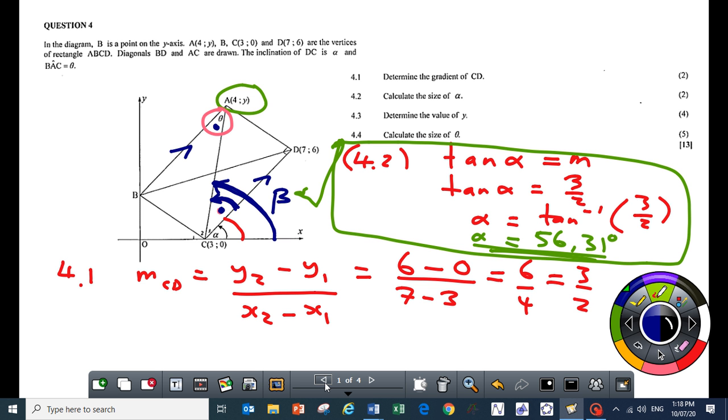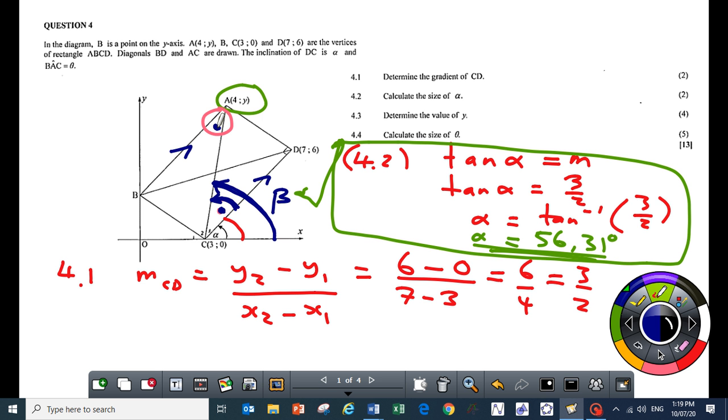So you need to know the properties of quads. The opposite sides of a rectangle are parallel. So I use that property of rectangle. This angle and that angle are alternate angles, because AB is parallel to CD.